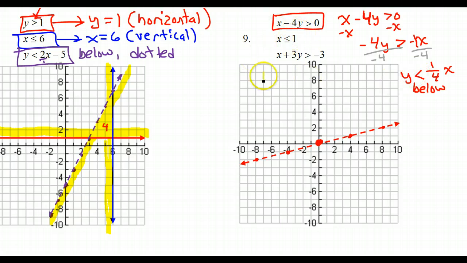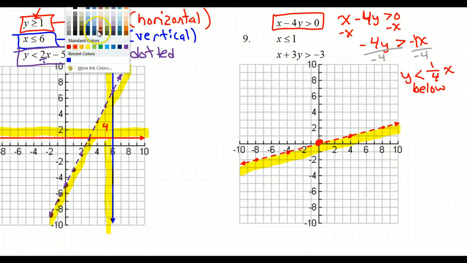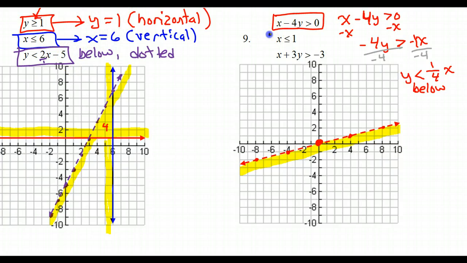So again, there are multiple lines, so do not just go crazy shading all this in. Just shade in one band below the line, like that. Alright, let's do that 2 more times. This time I'll do blue. Remember, this is like x equals 1. So that's going to be a horizontal line.